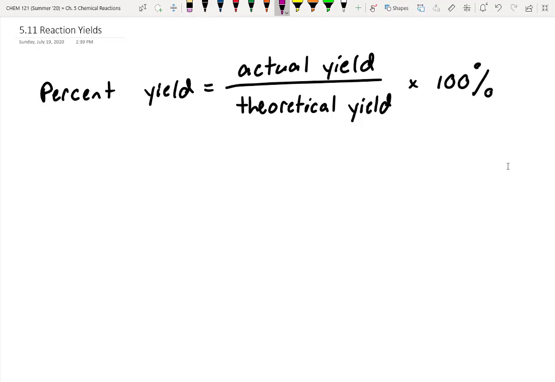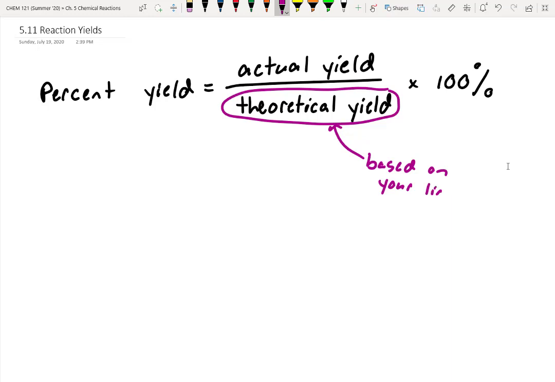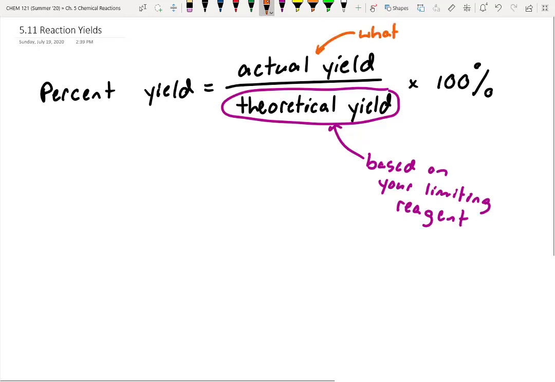And like I said, this theoretical yield right here is based on your limiting reagent. That's what we just did in our last video. And then up here, this actual yield is what you measure in lab. So this is a real world situation, not a calculated situation on the top there.